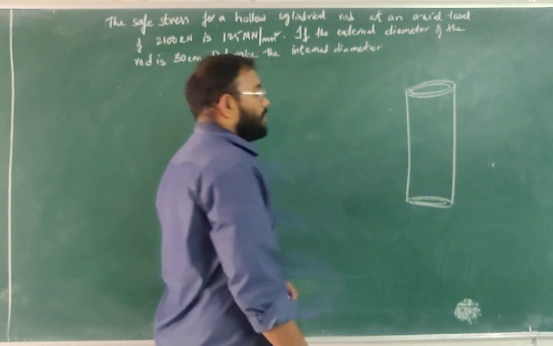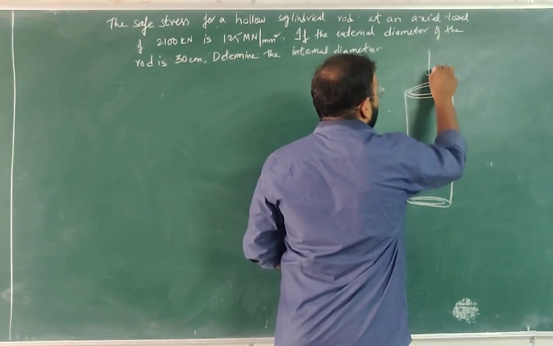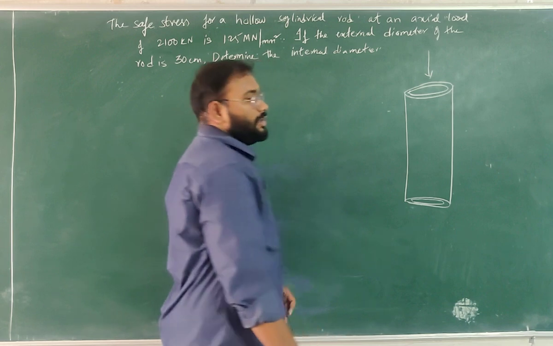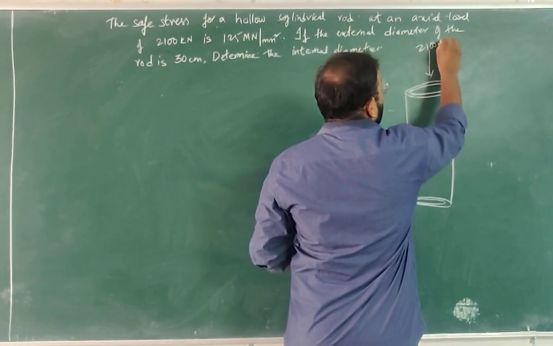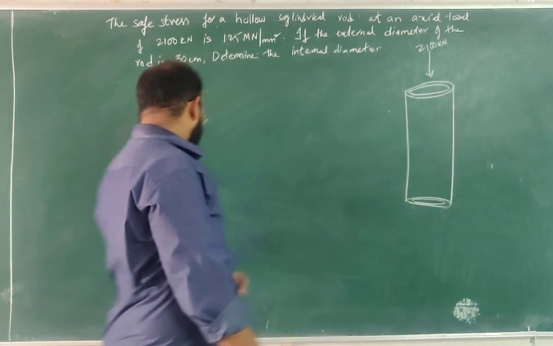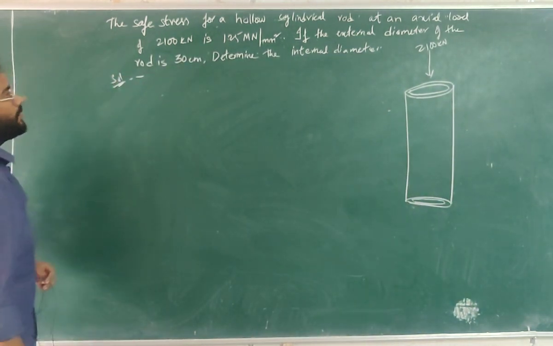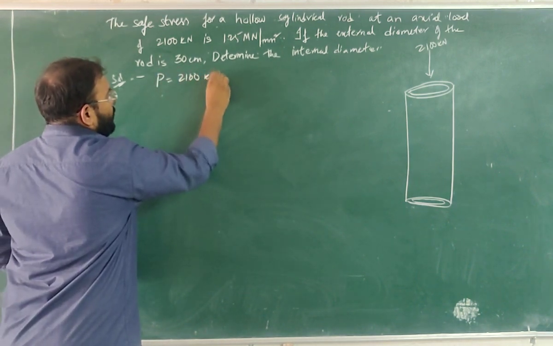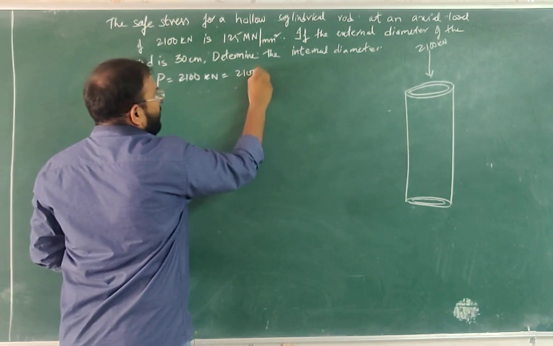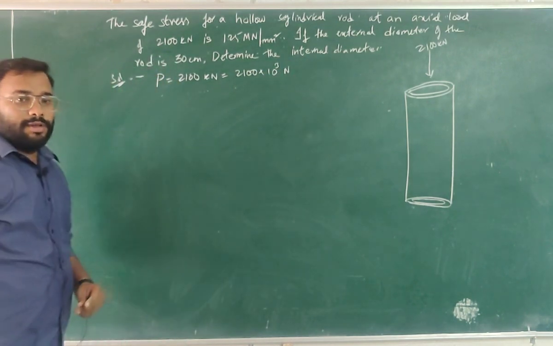Now you are given a hollow cylindrical rod like this, which is subjected to axial load of 2100 kilonewton. So we'll write what is given first. You are given an axial load of 2100 kilonewton, which is 2100 10 power 3 Newton. Right.